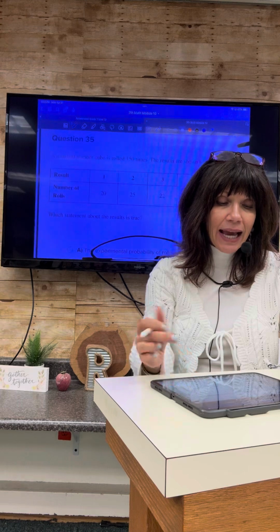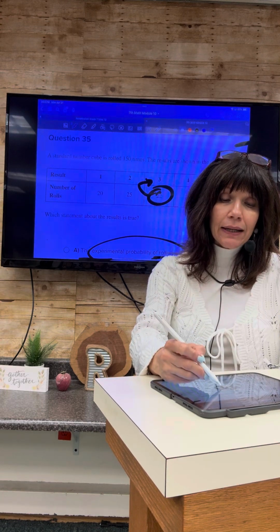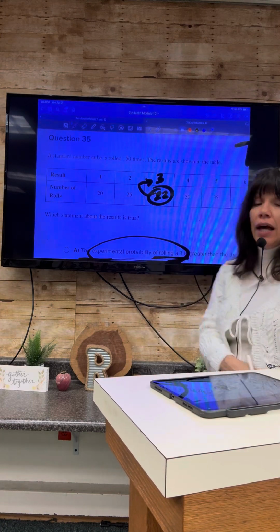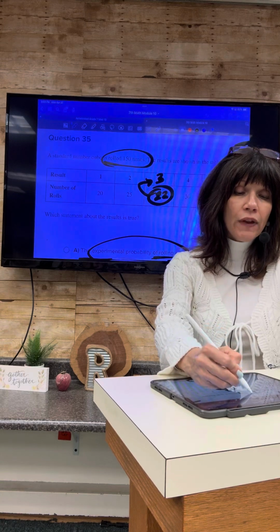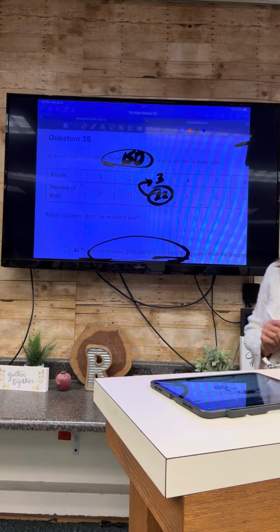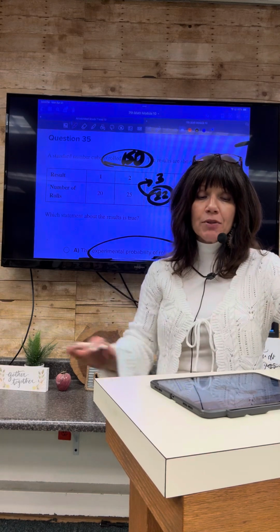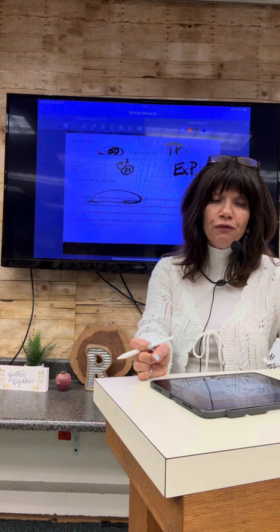What did they say about the number of rolls that landed on a 3? 22 times they rolled it, it landed on a 3. Out of how many times did they roll that number cube? 150 times. A standard number cube is rolled 150 times. Results are in the table. So 22 out of 150.